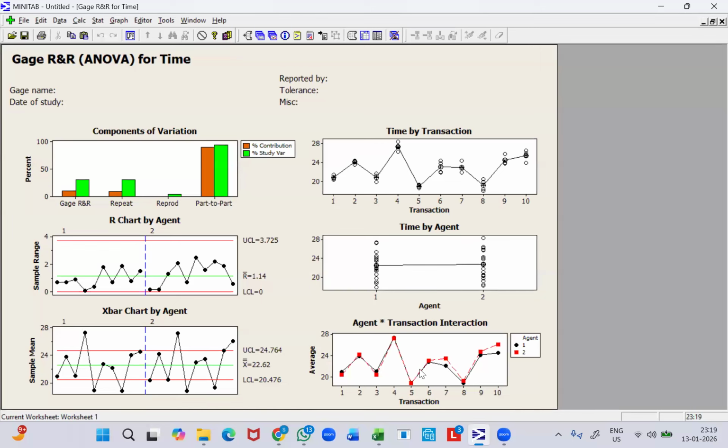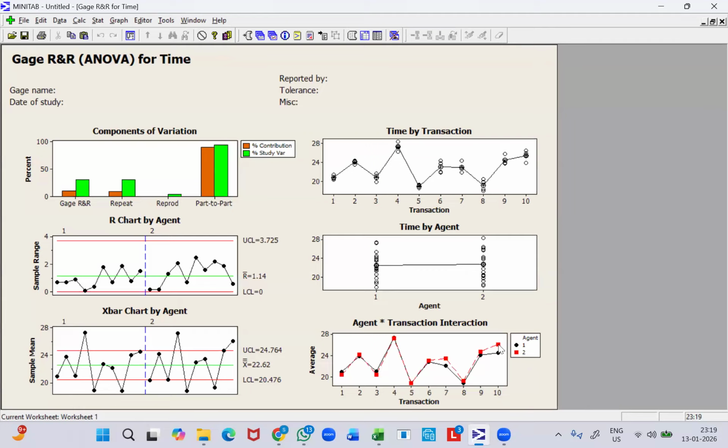And this is better illustrated when we actually superimpose these two mean trends pertaining to agent 1 and agent 2 on top of each other. We see the trend is matching perfectly for most of the transactions, indicating that the differences in mean are not all that significant, except for transaction number 7, where we find a significant gap between the trend chart of agent 1 and trend chart of agent 2.